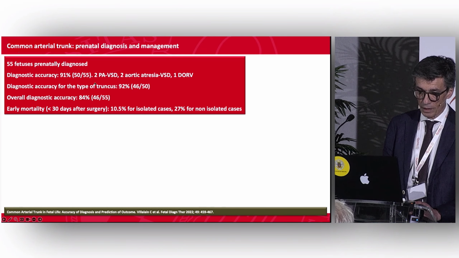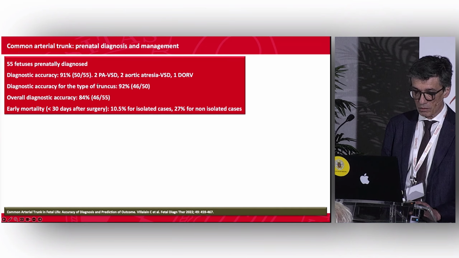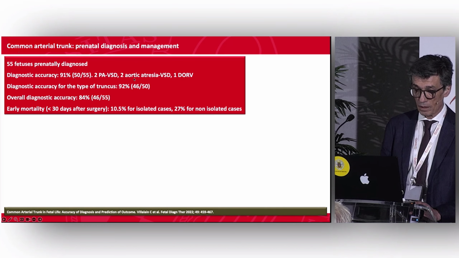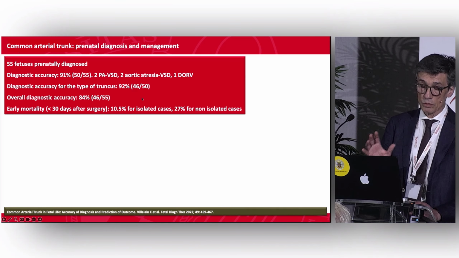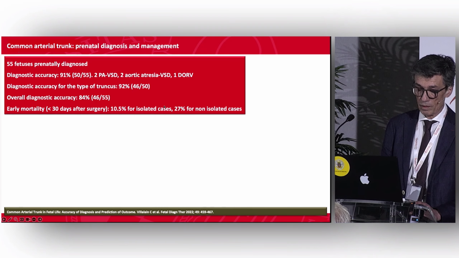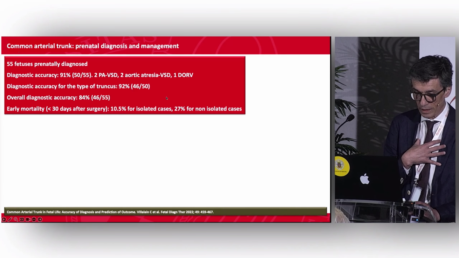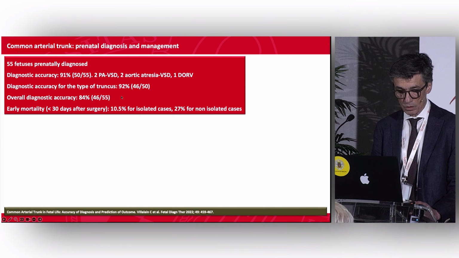In 50 cases, the postnatal diagnosis agreed completely with the prenatal diagnosis, but 5 cases in which we established the diagnosis of common arterial trunk were postnatally diagnosed as having pulmonary atresia with VSD, 2 cases of aortic atresia with VSD, and 1 case of double outlet right ventricle. For the type of truncus, we were also very good in terms of accuracy, but in 4 cases, the final postnatal diagnosis differed slightly from the prenatal diagnosis. The overall diagnostic accuracy was, anyway, very good.